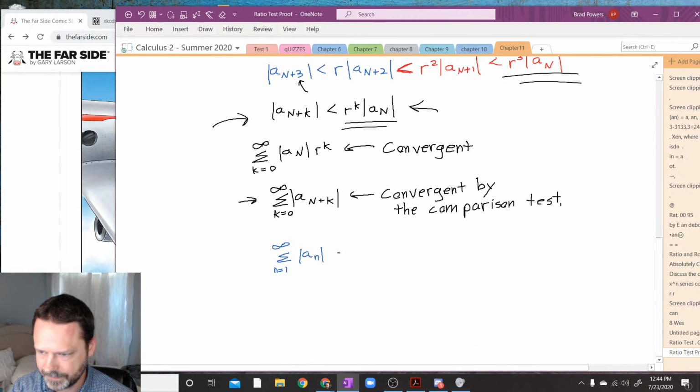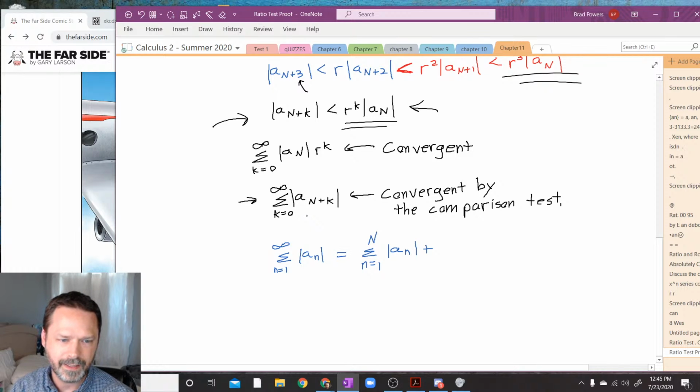In other words, this can be rewritten as the sum from n equals 1 to capital N of a sub n, plus this convergent series we just talked about, which we can rewrite as going from n plus 1 to infinity of the absolute value of a sub n.